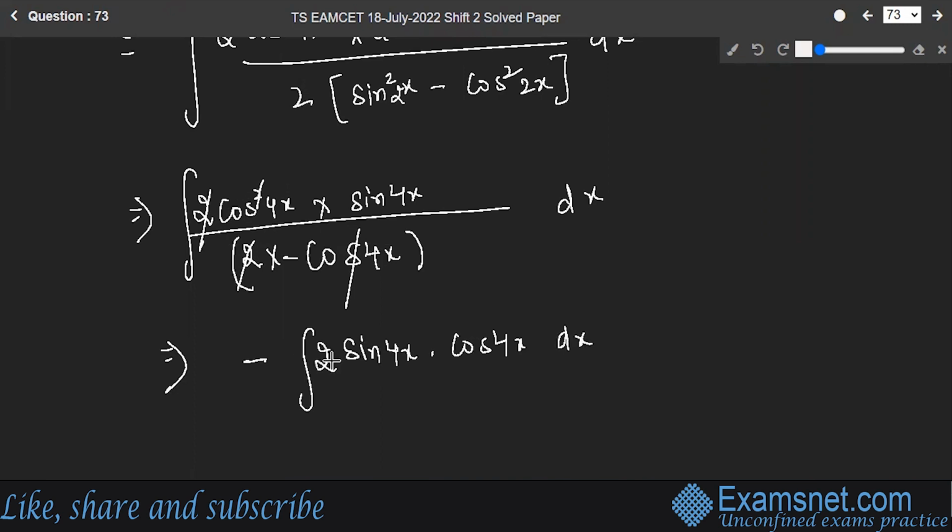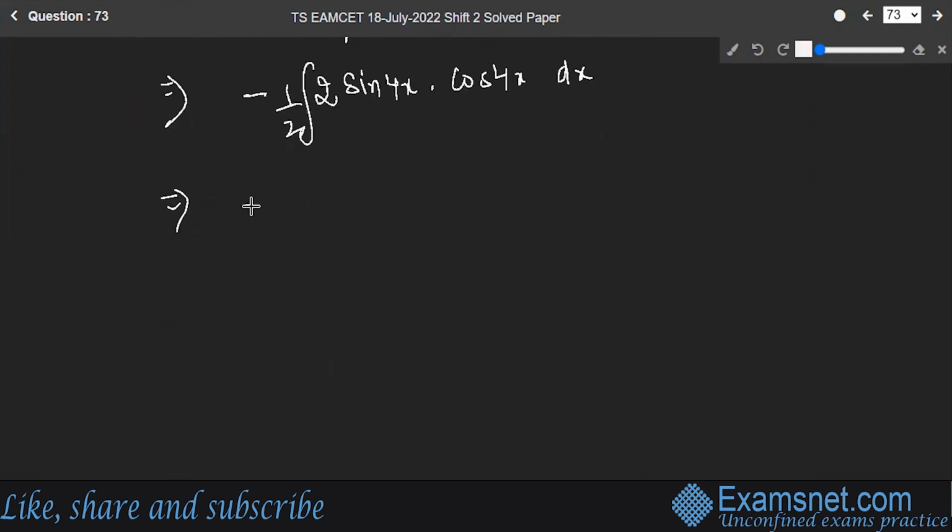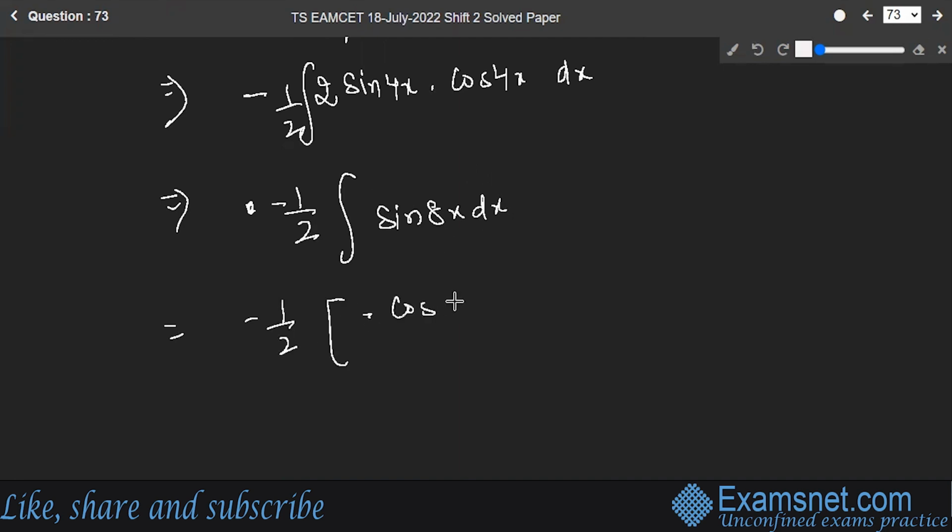Again, the same thing, multiplying the numerator and denominator by 2, you will have minus 1 by 2, the integral of 2 sine 4x cos 4x, which is sine 8x dx. That is equal to minus 1 by 2 integral of sine 8x, which gives minus cos 8x upon 8 plus some constant.